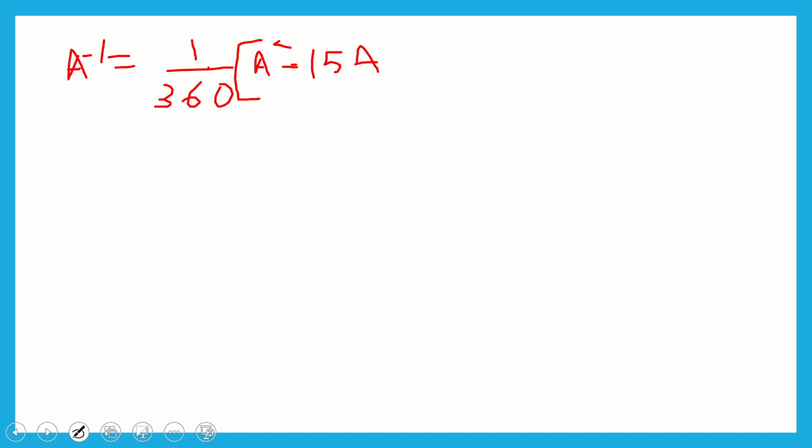So I'm writing here: A inverse is 1 upon 360 times A square minus 15A minus 24I.